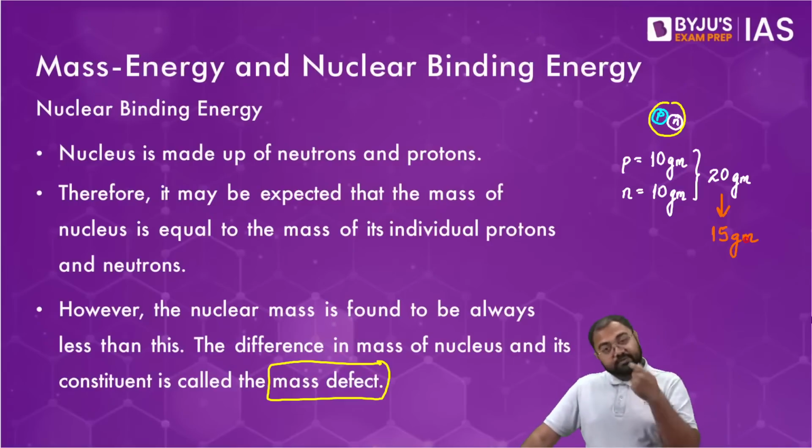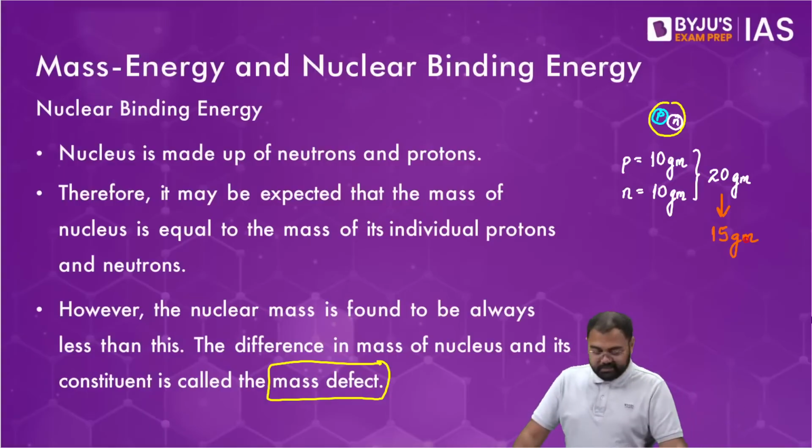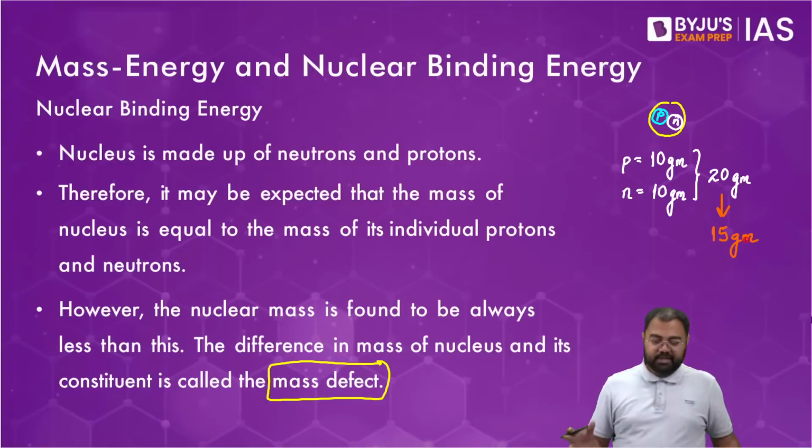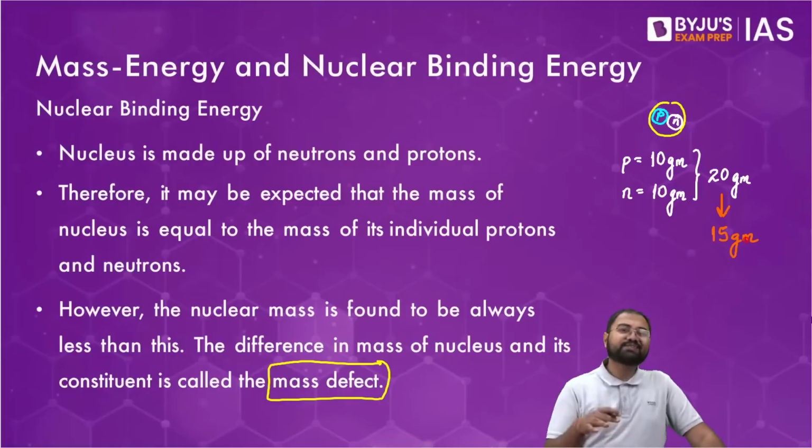But you know that you have one proton and one neutron, so how is it even possible that the weight is less than the total weight of the two particles? They did not understand what exactly it was, and this was called mass defect.